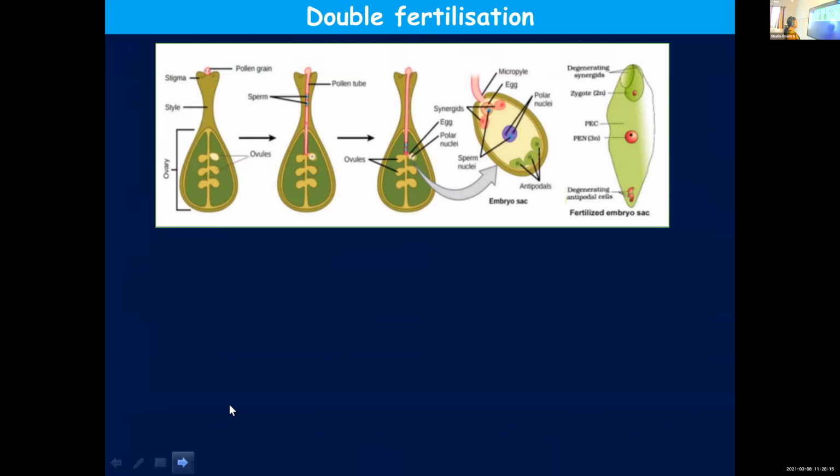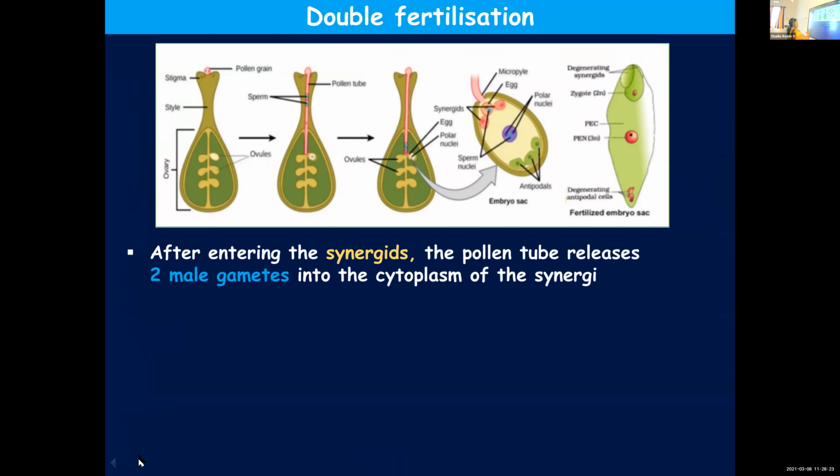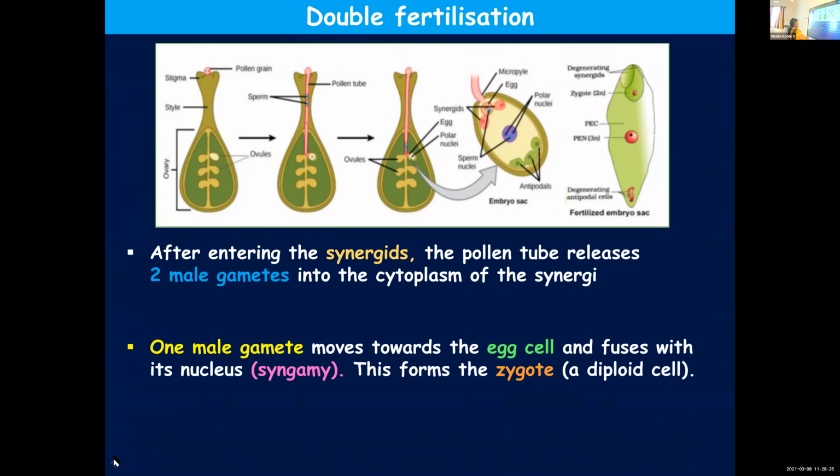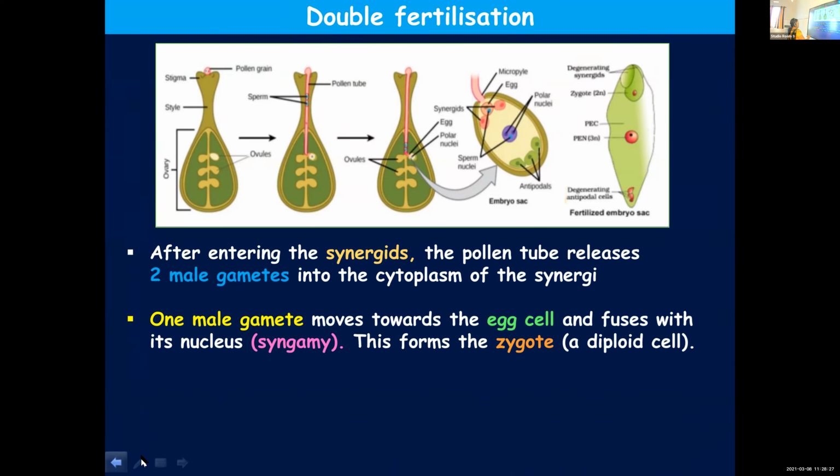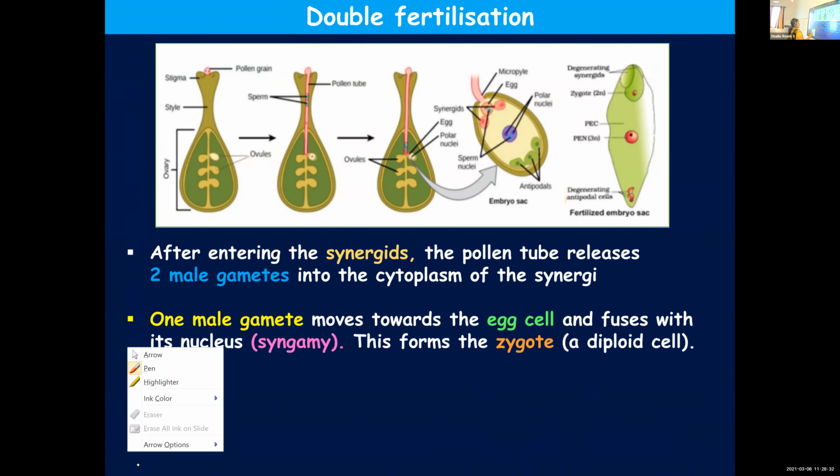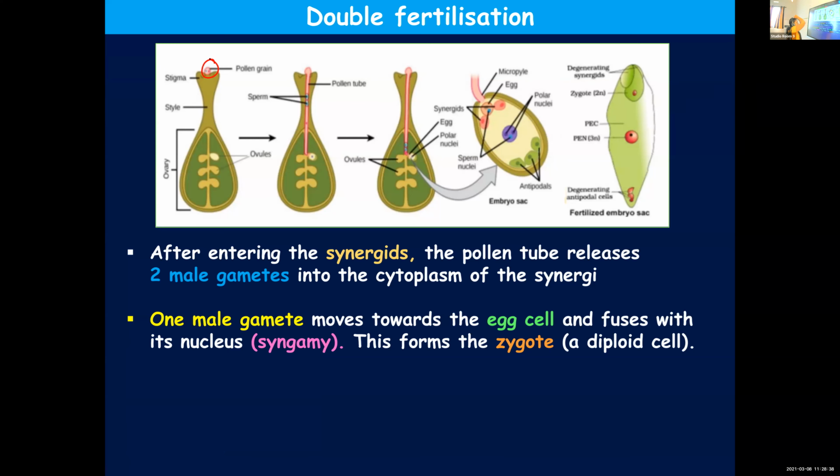Here you can see the picture of a pistil with stigma, style, ovary, ovule. Here you can see a pollen grain has landed on the stigma, and it's germinating and forming a pollen tube.